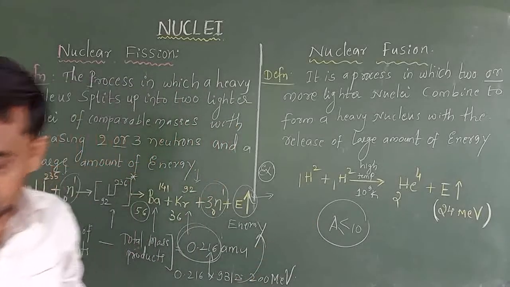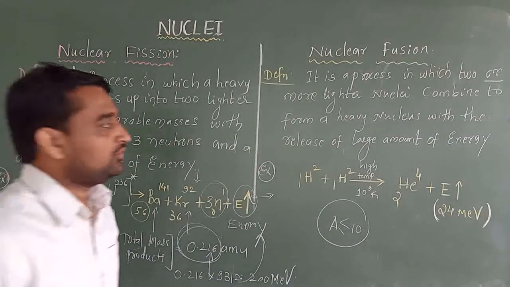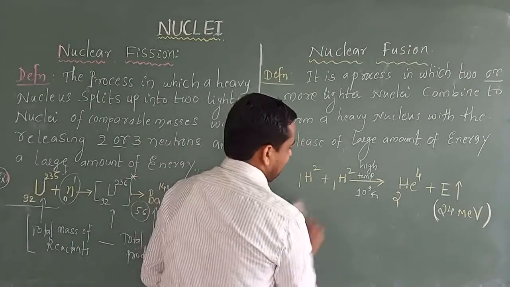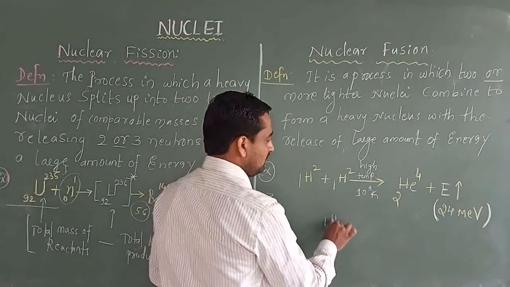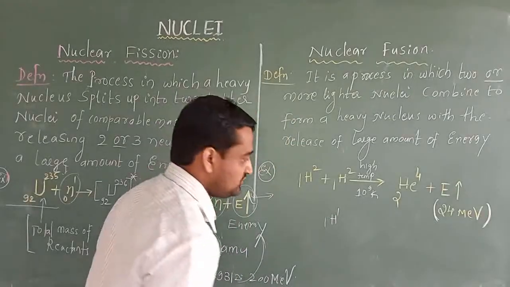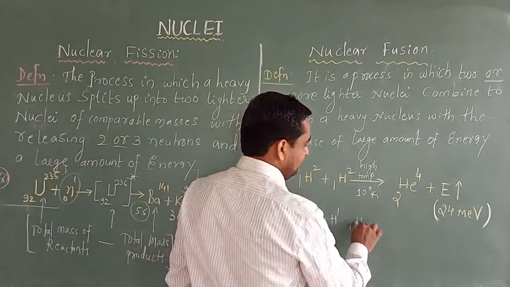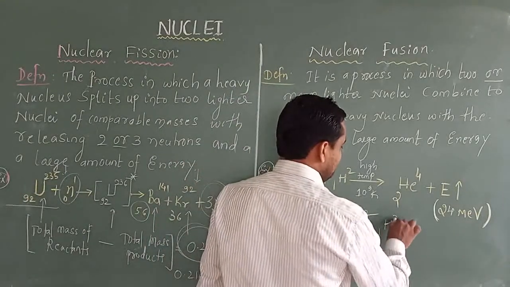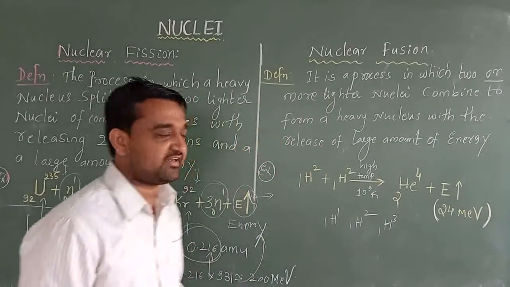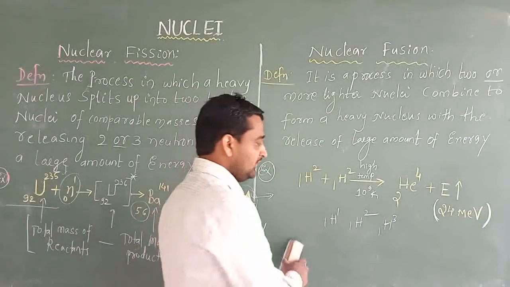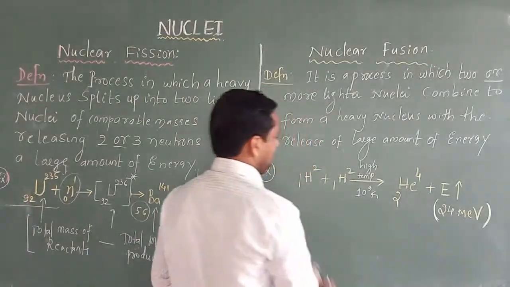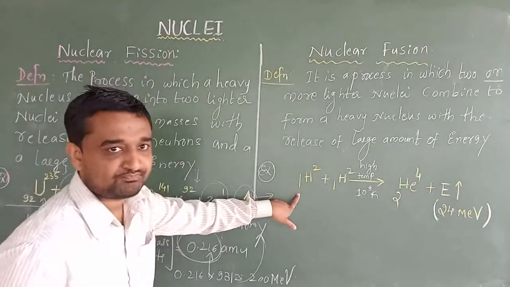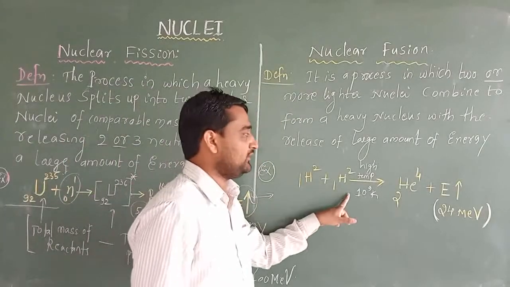So here I have given one example. You all know that 1H1 is hydrogen, 1H2 is deuterium, and 1H3 is tritium. These are the isotopes of hydrogen. Here I have taken an example of 1H2 and 1H2.